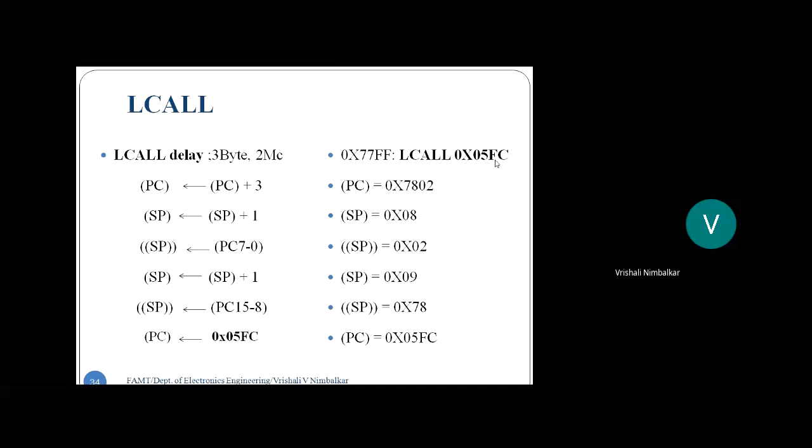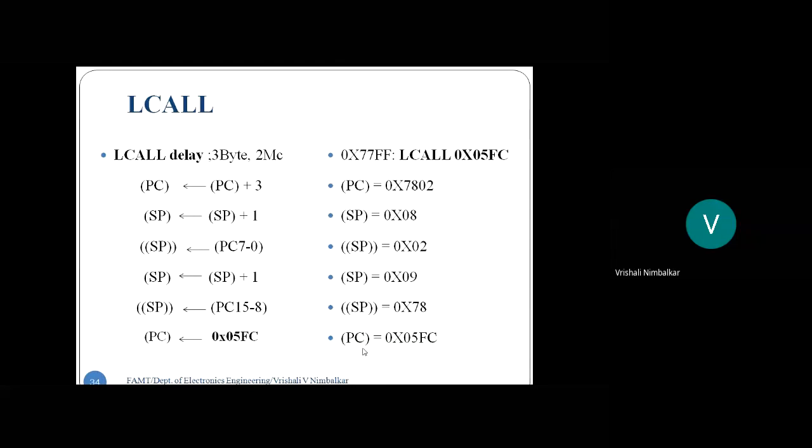Correct? Here that modification does not happen. In absolute call, we give an 11-bit address, so that address gets modified. But in long call, the address is the 16-bit number itself, so that number is copied as it is into the program counter.